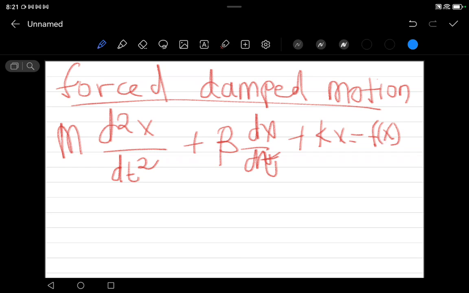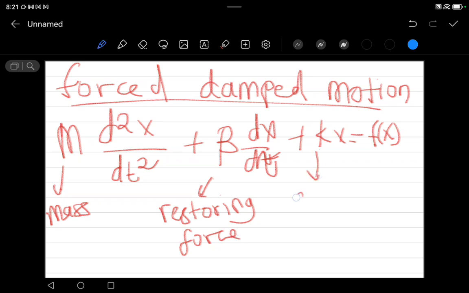So this is a forced damped motion, and then m is mass, and this is acceleration, and beta is going to be a restoring force, and k is the spring, and then f of x, what is it? It's the external force.